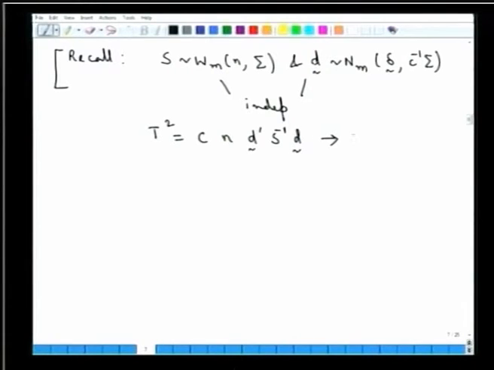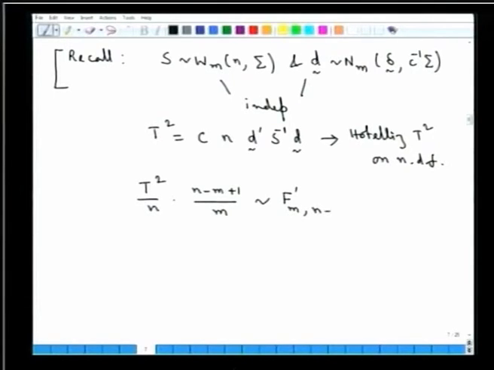So this was Hotelling's t-square on n degrees of freedom, and furthermore the quantity which was t square by n minus m plus 1 divided by m was shown to have a non-central F distribution on m, n minus m plus 1 degrees of freedom and a non-centrality parameter equal to tau square, where this tau square is equal to C delta prime sigma inverse delta.